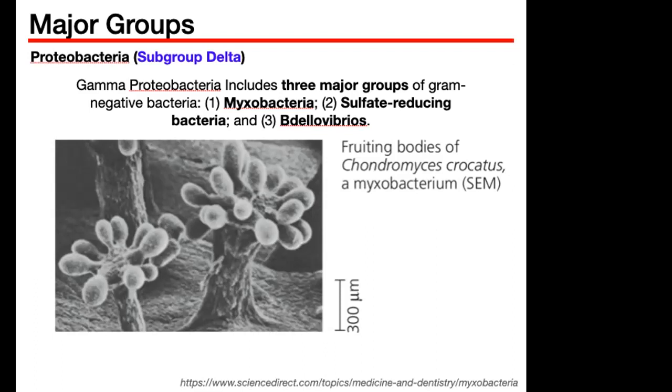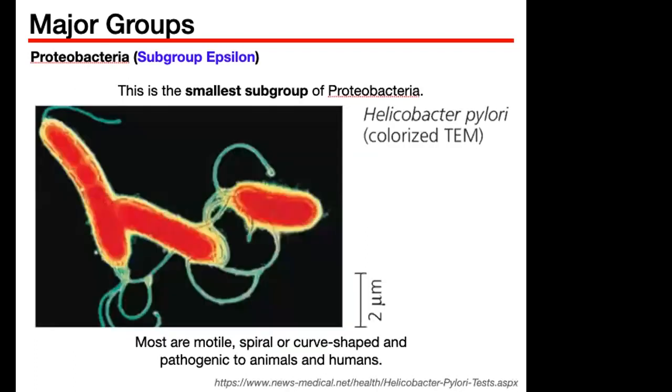Okay? And then we also have sulfate-producing bacteria. Ibig sabihin, these are bacteria that make use of sulfate in degrading organic compounds. And Bdellovibrios are bacteria that feed on other bacteria. Okay? We also have the smallest subgroup under proteobacteria, we have epsilon, no?